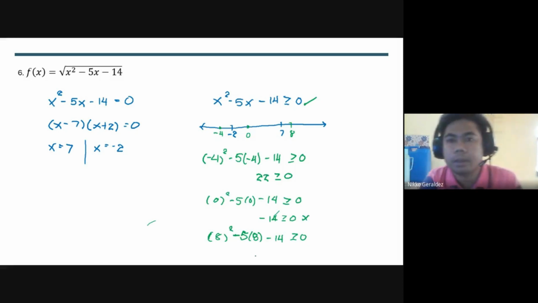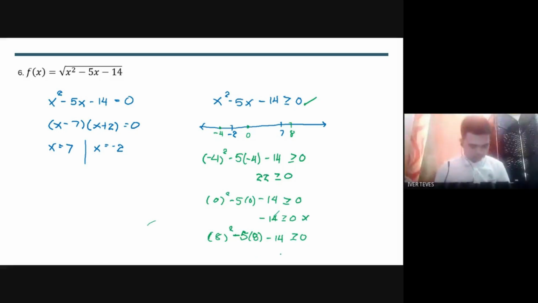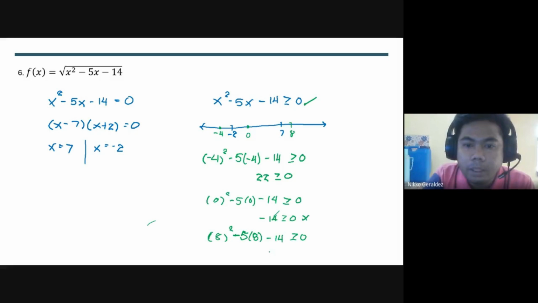That is positive 10. Then, 10 is greater than 0. So, the interval 7 to positive infinity satisfies the inequality.